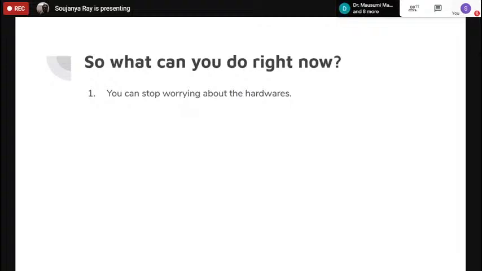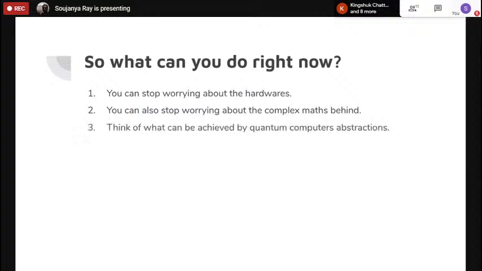I'll tell you why. Also, you can stop worrying about the complex maths behind it, and we will see why. Next, you can think about the abstractions that can be built over the current quantum computers, so that it helps us in the future and uses the power of quantum mechanics to solve problems.